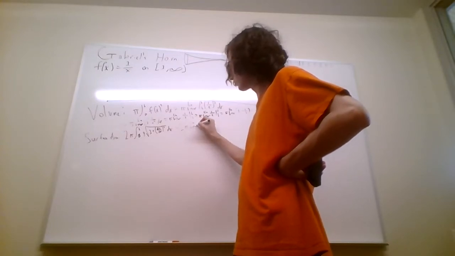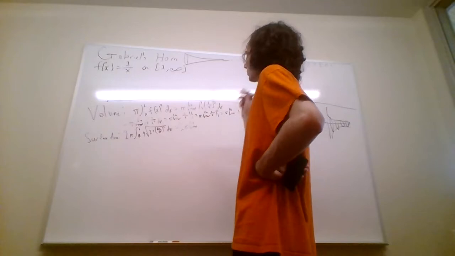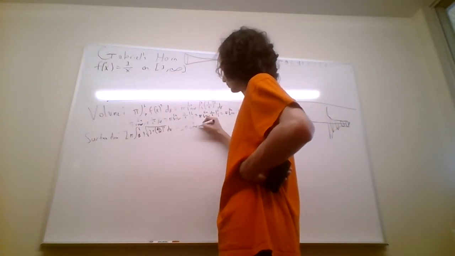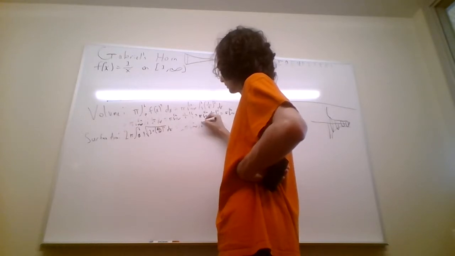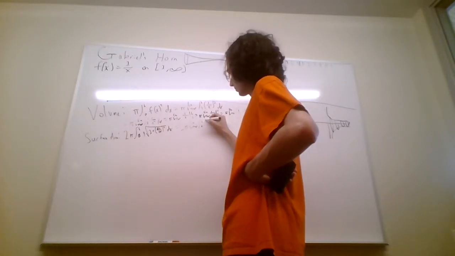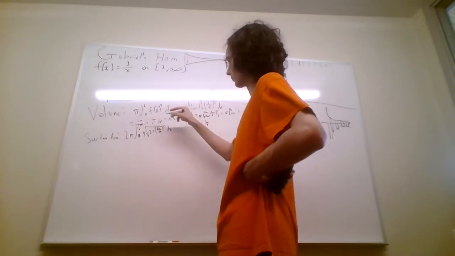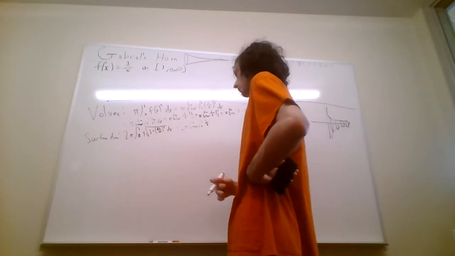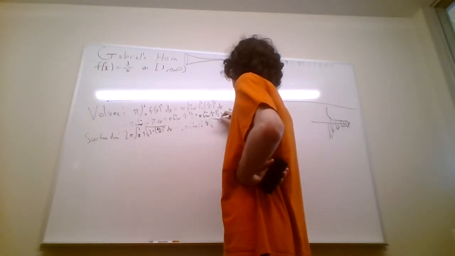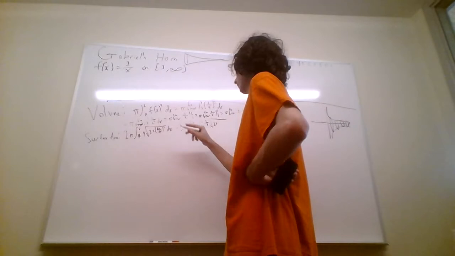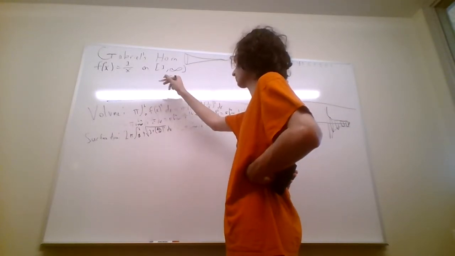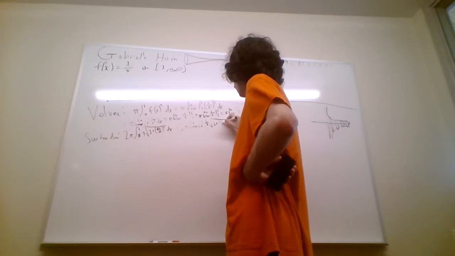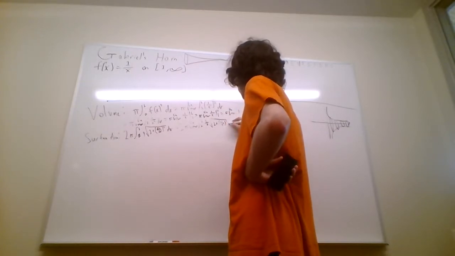So equal to 2 pi limit b approaches infinity, from 1 to b of y, which is 1 over x, or I should have done f of x, just keep it consistent, times the square root of 1 plus, okay, the first derivative of 1 over x is negative 1 over x squared, so 1 over x squared, all of that squared, dx.